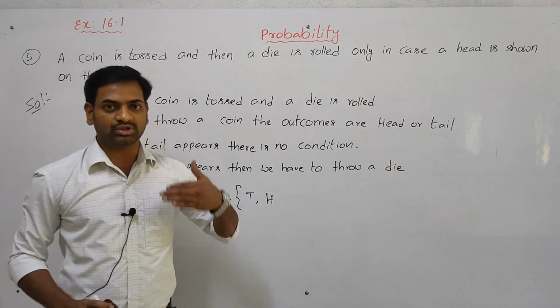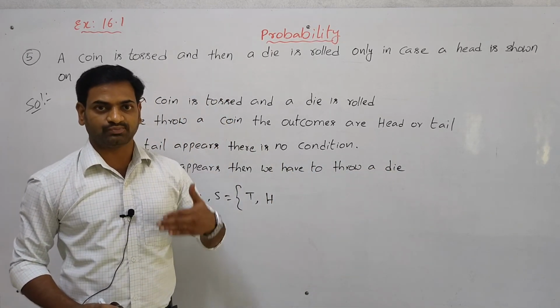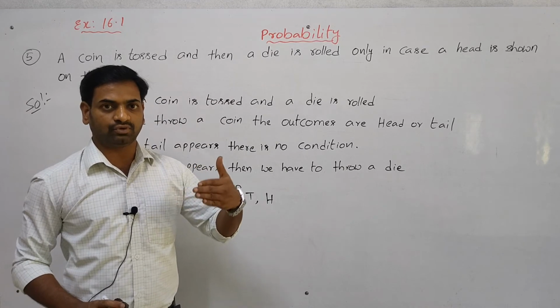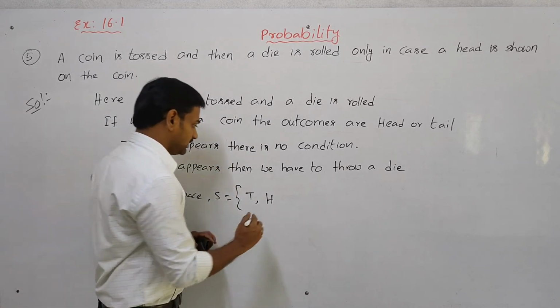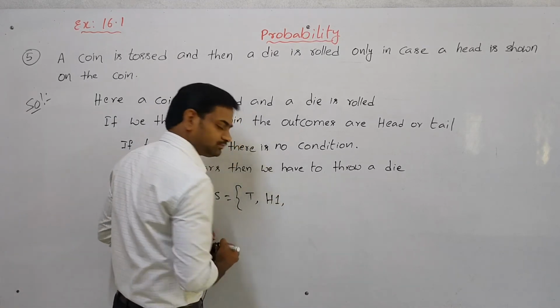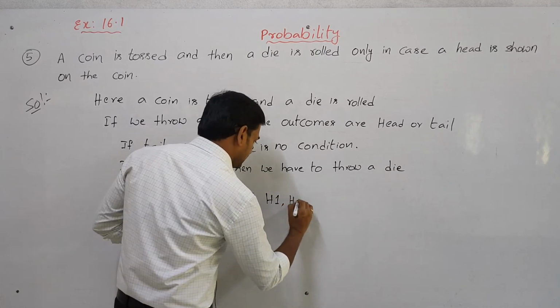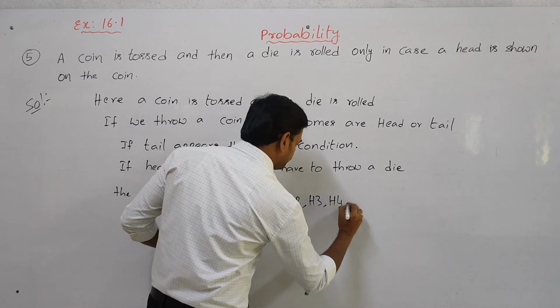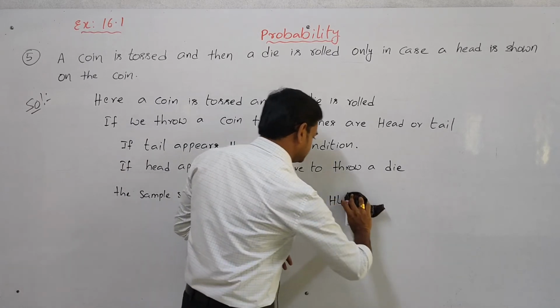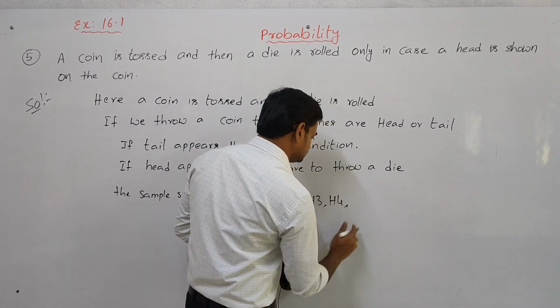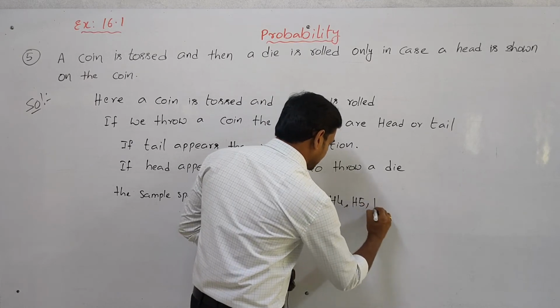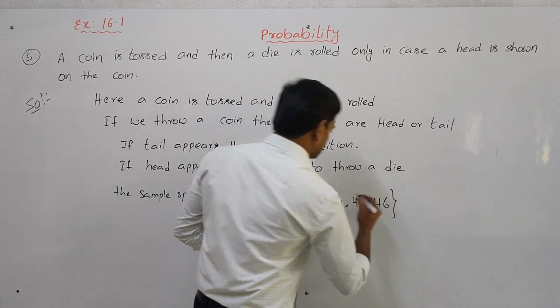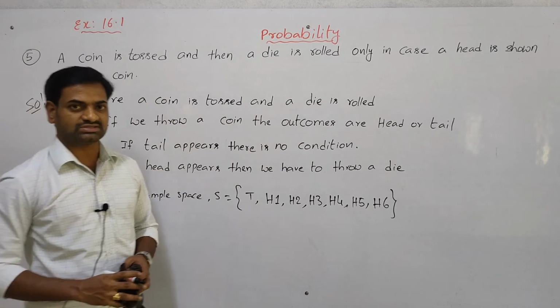So on the die, how many possibilities are there? 6 possibilities. 1, 2, 3, 4, 5, 6. That's why head 1, head 2, head 3, head 4, head 5, head 6. It is the sample space for this one.